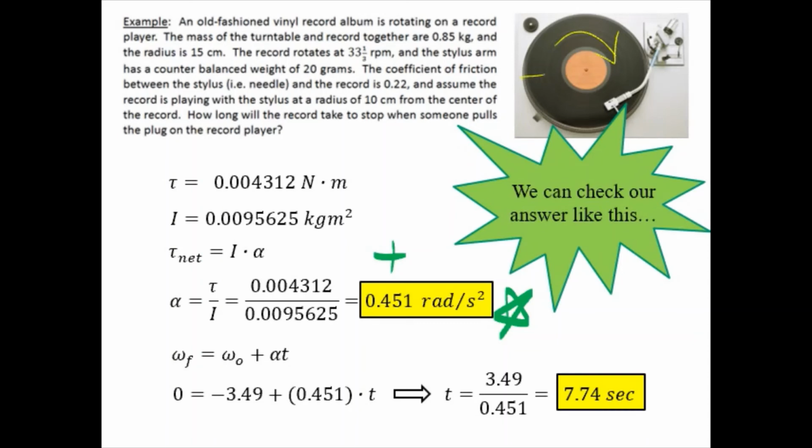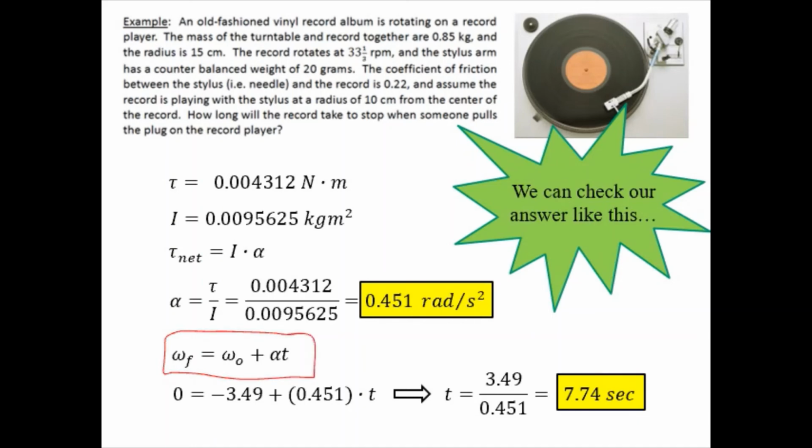So the angular acceleration has a sign opposite the original angular velocity. When acceleration and velocity are opposite, things slow down, which is what we expect. Now we go to our kinematic equations for rotational motion, or angular kinematics.